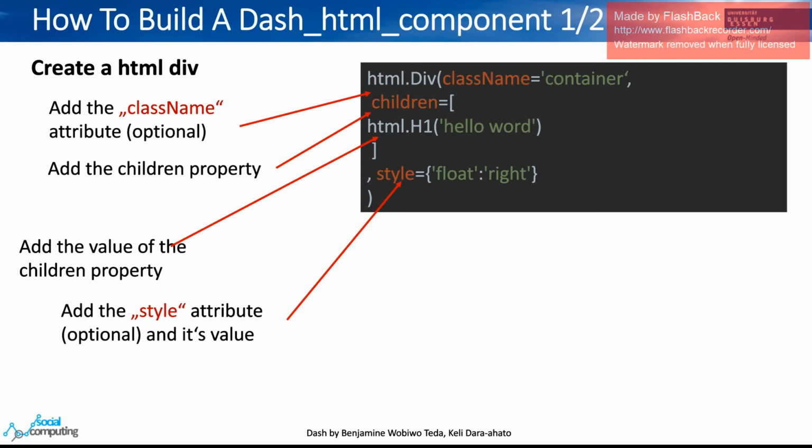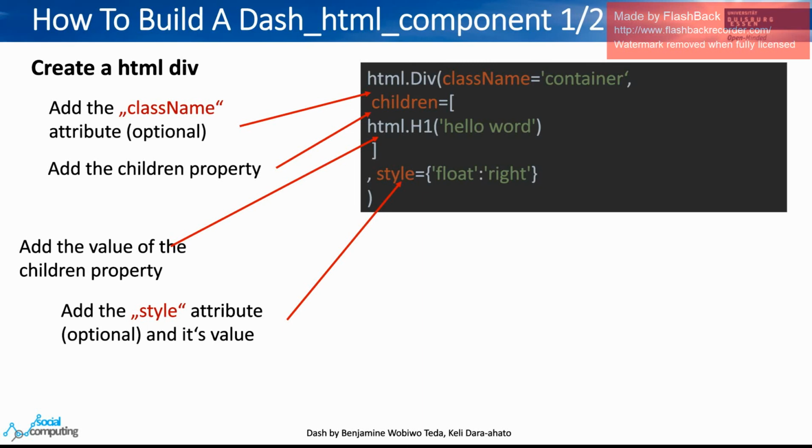Here, we assign the value container to it, as to say that our div is a container. Then you declare its children property, and you assign a value to it, which in our case is a headline with the text "Hello World."